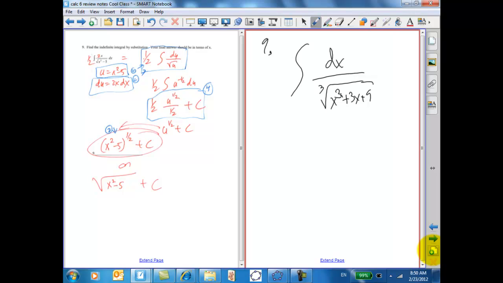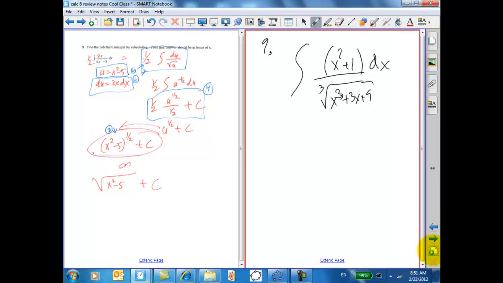I'm going to put an x squared plus x dx over the cube root of x cubed plus 3x plus 9. Okay, is that tricksy enough for you? I'm going to make one more adjustment, though. X squared plus 1.